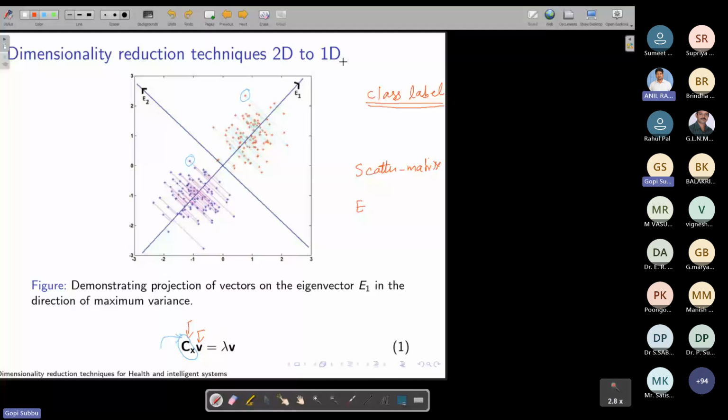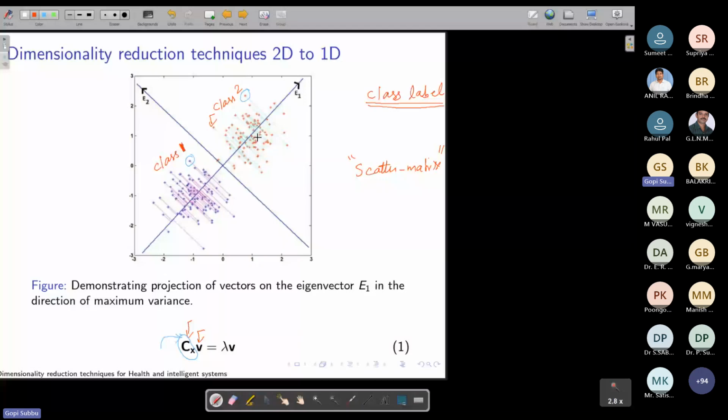So whatever we did earlier is that scatter matrix here. Now what is the problem in this? The class label is not used. We have a class label: these are all class 2 and these are all class 1. That information is not explored for getting the transformation matrix.